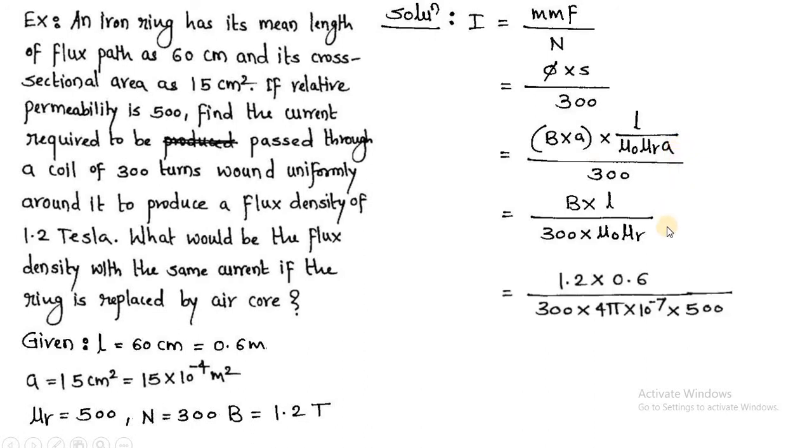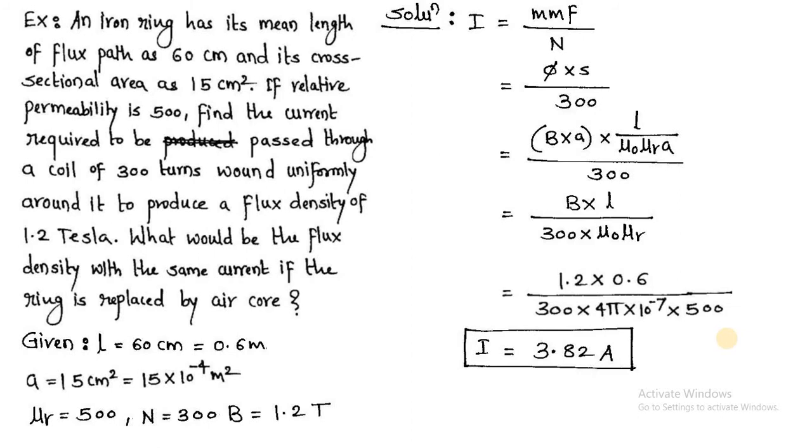After putting all values, B is 1.2, L is 0.6, 300, mu 0 is 4 pi into 10 to the minus 7 and mu r is 500. We are getting the value of I as 3.82 ampere.